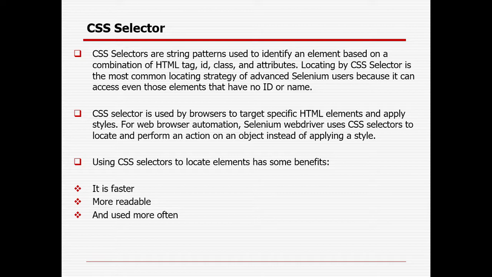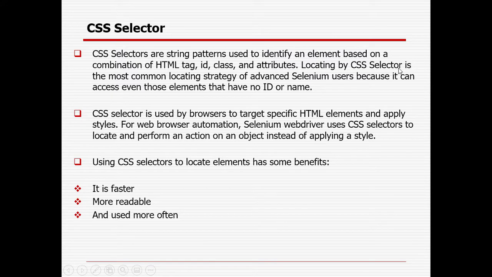But in CSS selector some drawback is there. In XPath we can create with forward and reverse direction, but in CSS selector it is not possible. But CSS selector creation is faster, more readable, and obviously it will take less time, right? So CSS selectors are string patterns used to identify an element based on a combination of HTML tag, ID, class and attribute.